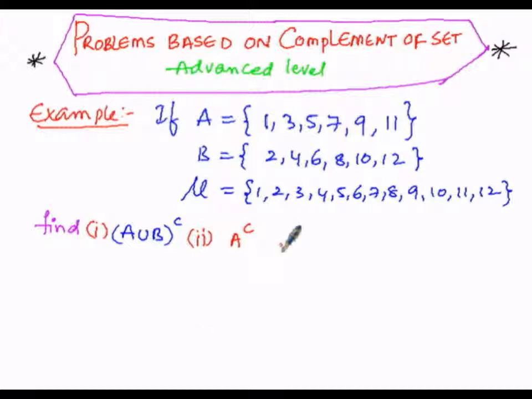The third one, B complement. Similarly the fourth one, A complement intersection B complement. Then the final one, the fifth: after finding the solutions, that is the sets of A union B whole complement and the fourth one, A complement intersection B complement, what do you conclude from these? Or in other words, what do you infer?